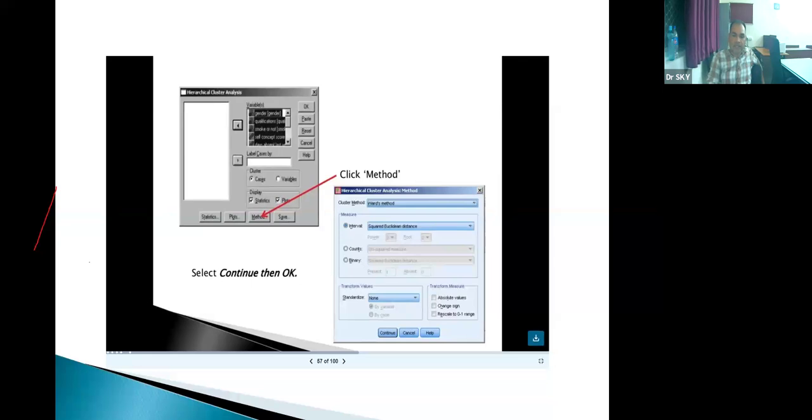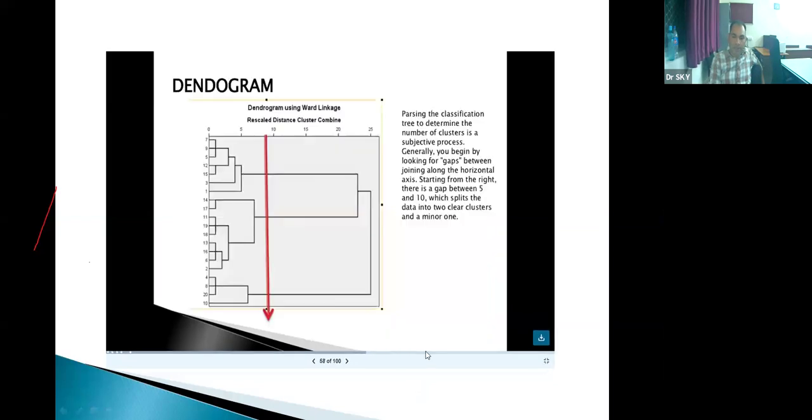Then go to Method, and you can select the method here: Ward's method, or some other method, centroid, or any other method, single linkage, complete linkage. So this way you can use it. With Ward's method, go to the interval option, where you choose which distance measure you are using, Euclidean distance or squared Euclidean distance. You can select on your own, and then click Continue.